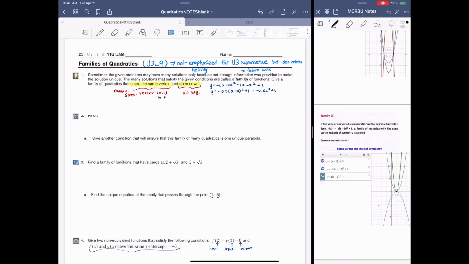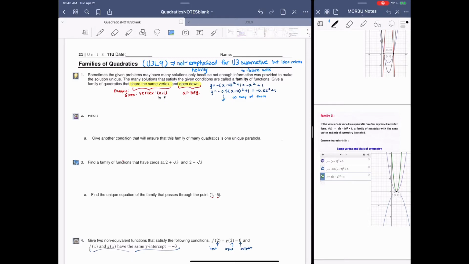I'm just trying different a values, first negative 1 and second negative 0.5. And I'm noticing I get the standard form negative 0.5 x squared plus 1. So as you can tell, there are infinitely many of these types of equations where the vertex is (0, 1) and a is negative.